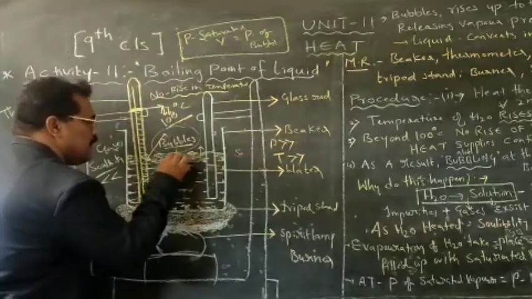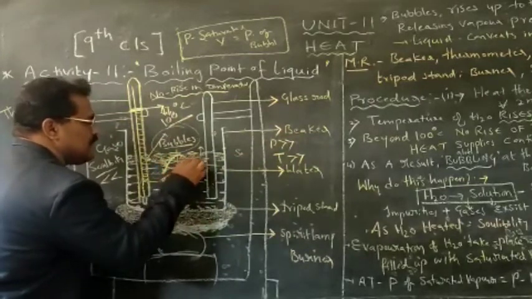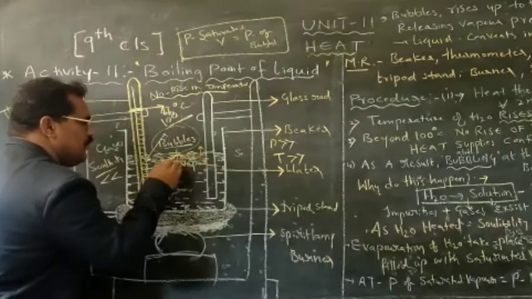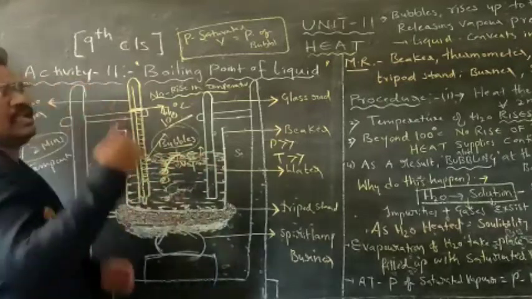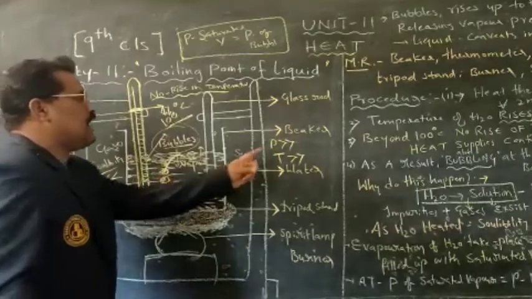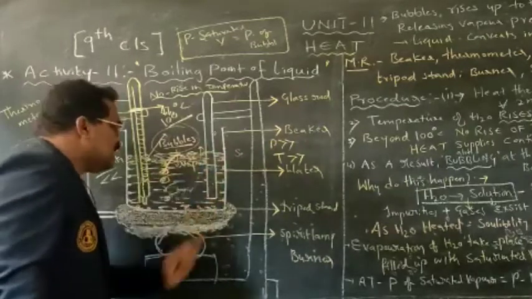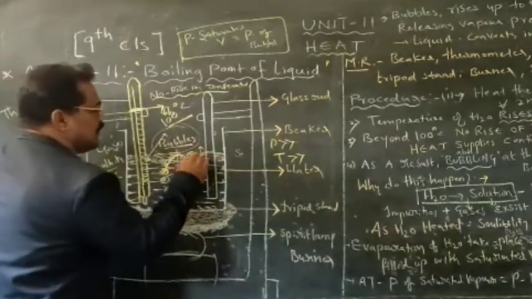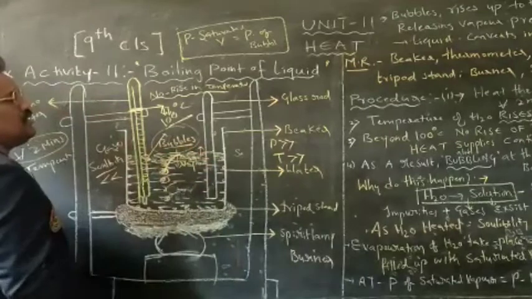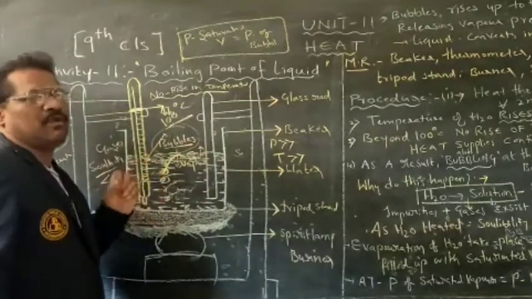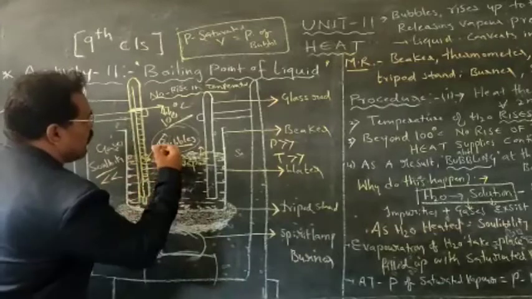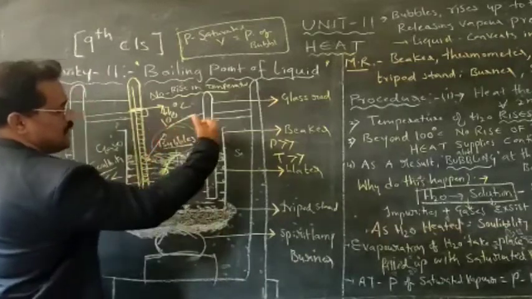So the absorption of water vapor, saturated vapor, by the bubbles gradually increases. Because pressure and temperature are increasing in the beaker, the bubbles are filled up with saturated vapor, and these bubbles come to the surface of the liquid.